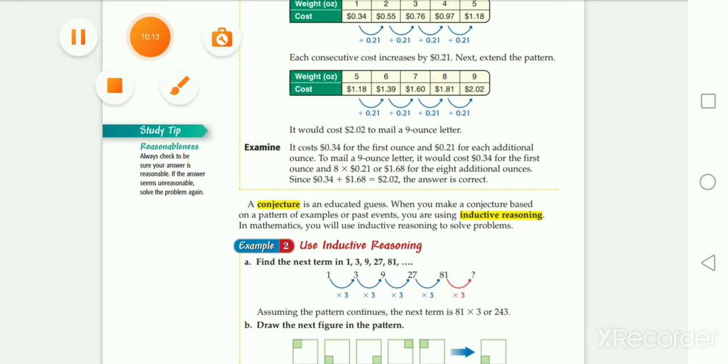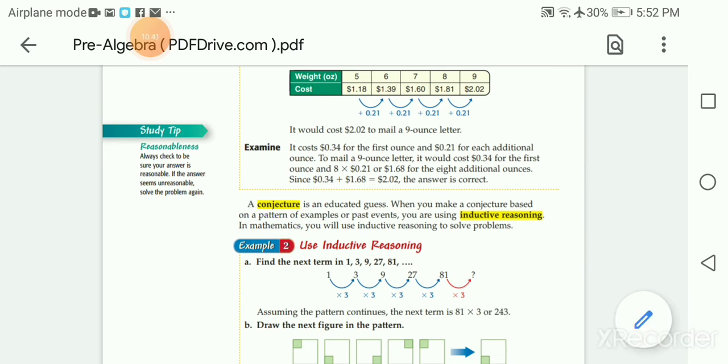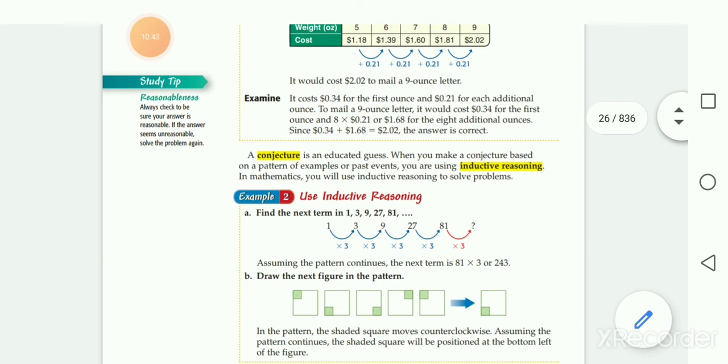It's not just a guess, it's an educated one based on something true, on past events, or a pattern of examples. You are using inductive reasoning. In mathematics, you will use inductive reasoning to solve problems.